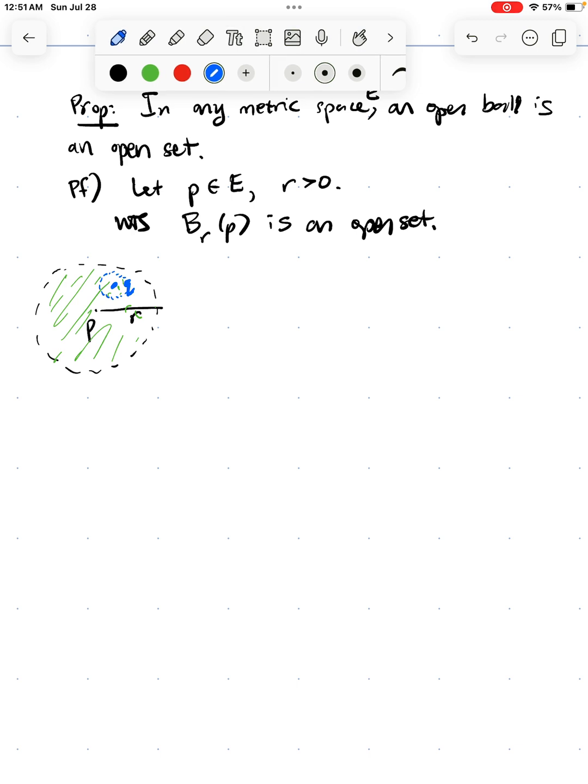So let Q be an element of this open ball.